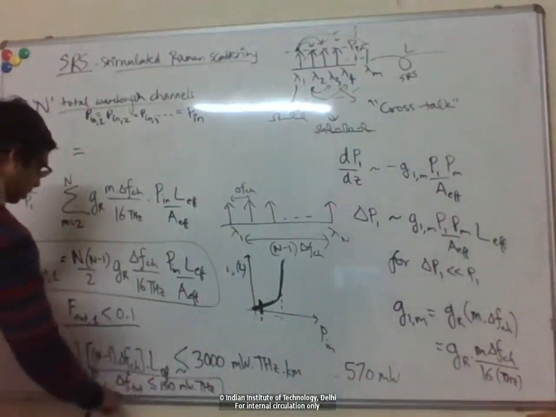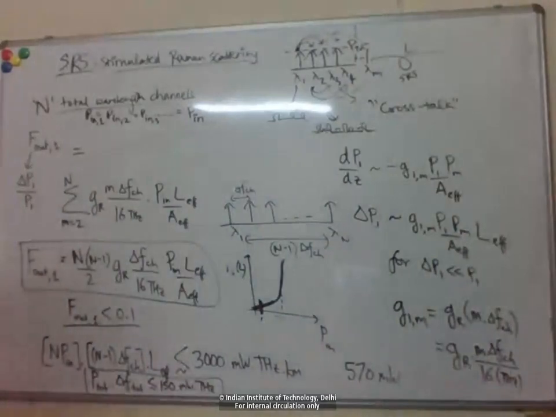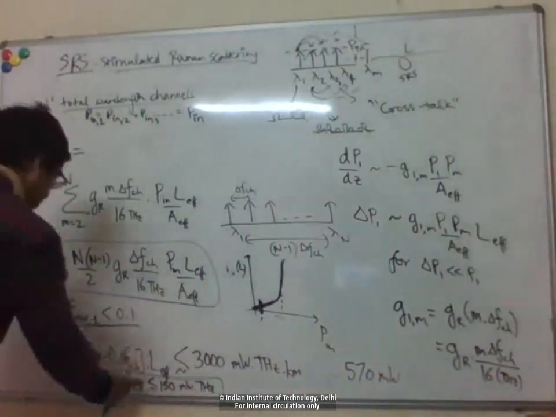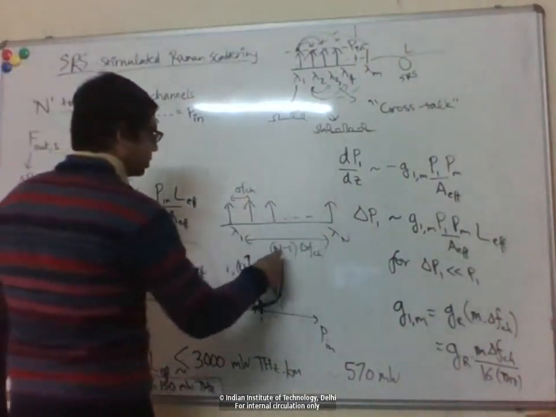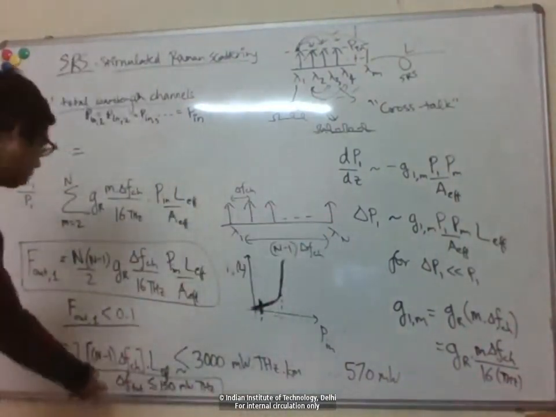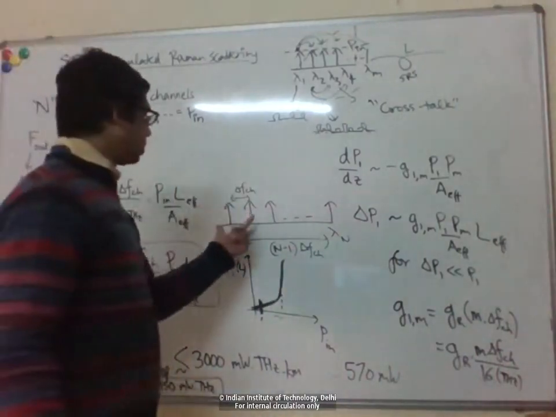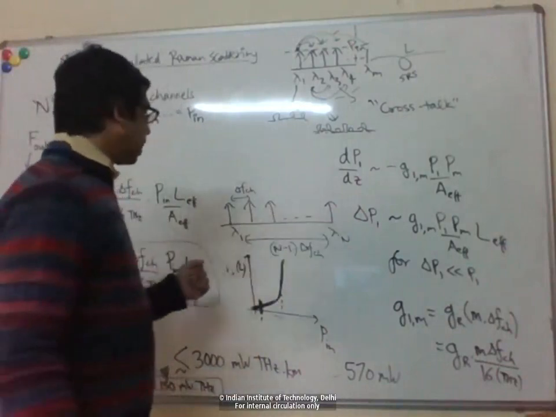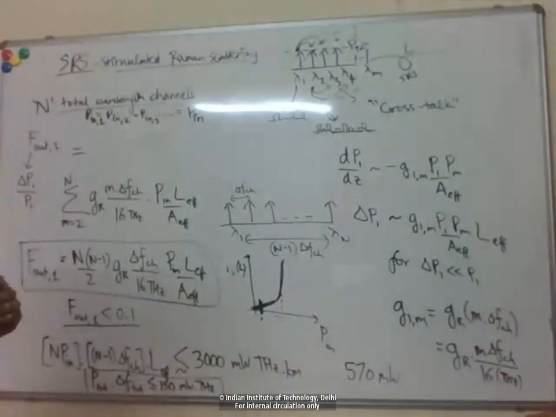So then from this, we get that the total power has to be less than 1500 milliwatts. Yeah. Well, sorry. Let's say if I'm using 20 channels with 0.1 terahertz spacing, then I have 2 terahertz here. So then the total power is restricted to 75 milliwatt, right? And now, 75 milliwatt for 20 channels. That means per channel I have roughly 3.75 milliwatts, right?